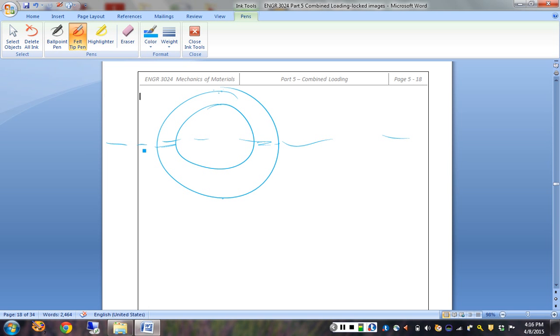It's as if you're taking a hacksaw and slicing it in half and you're shearing it at that neutral axis location. So we have tau equals VQ over IT, but we need our Q. Q is an area property like area, like moment of inertia.